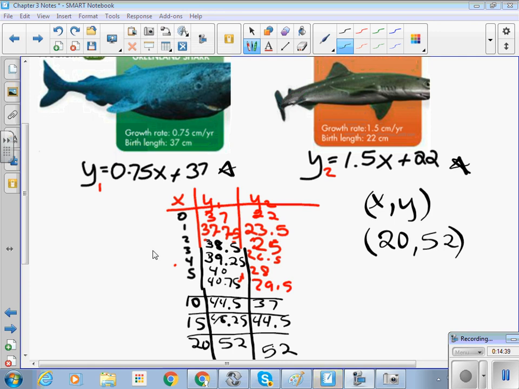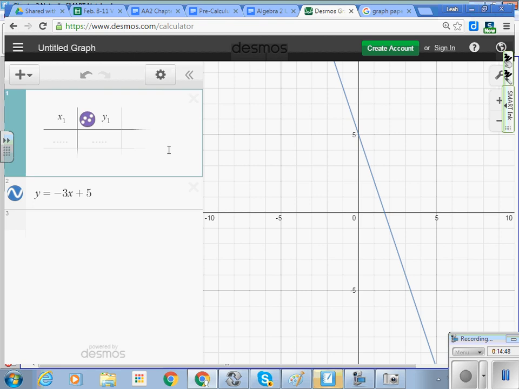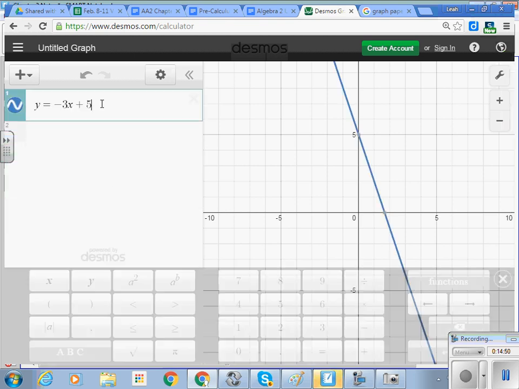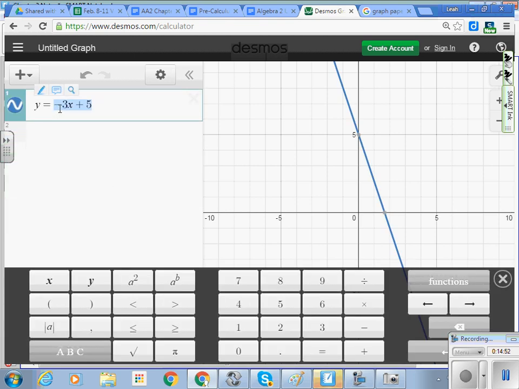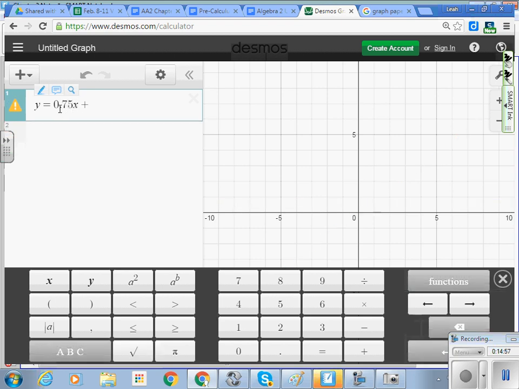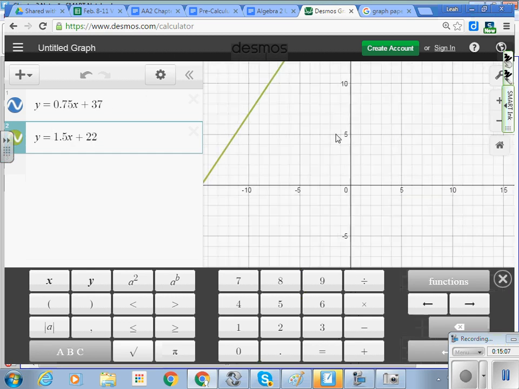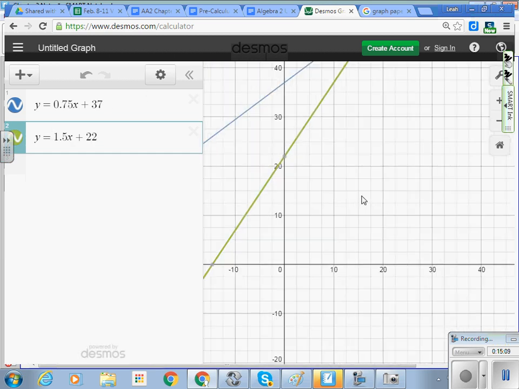So we're going to verify this by graphing. If we go to our graphing utility and we put in y equals 0.75x plus 37, and y equals 1.5x plus 22.